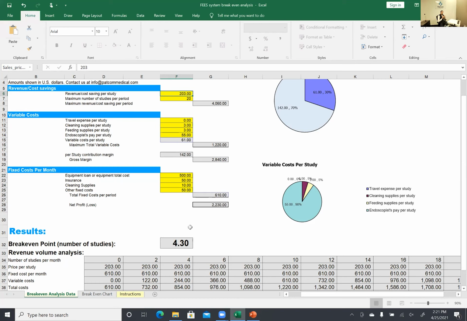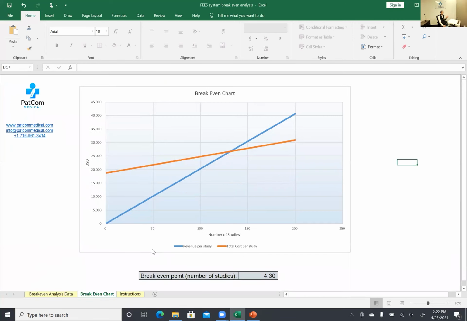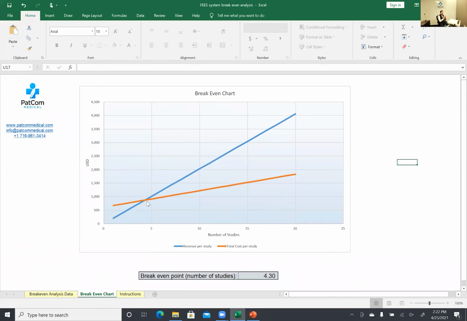So if I don't buy the equipment, but I rather, in this case, rent, I can generate a positive return on investment and meet my break-even point in the very first month. We need 4.3, not possible, so we round it always up to the next number, which is 5. We need 5 studies to meet that break-even point. If I go to my chart, 5 studies, that's where the line crosses, and this is where, on a monthly basis, I make my positive return.